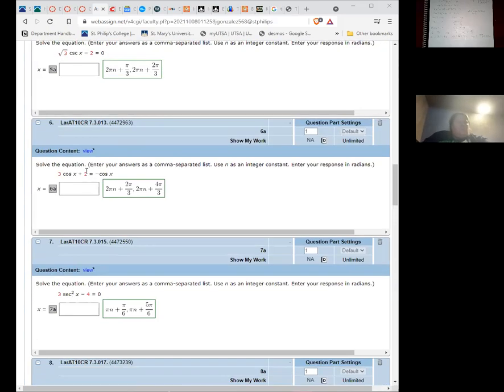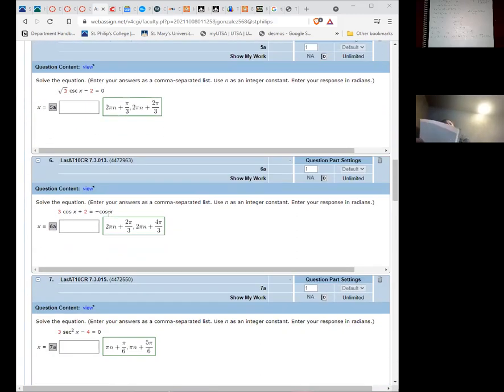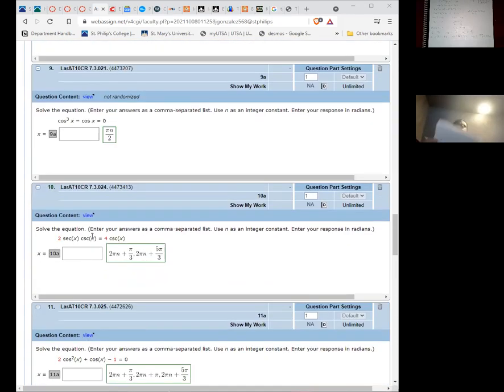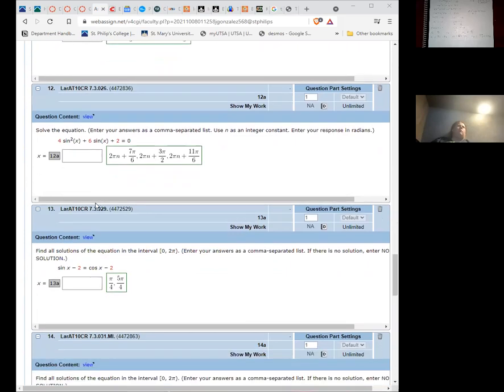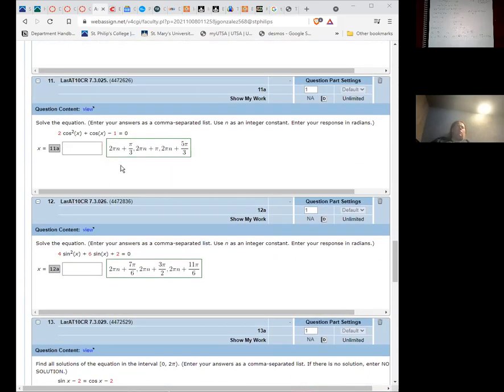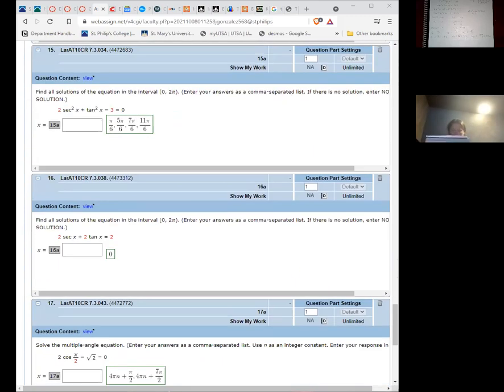The first one is you just isolate one function. See how there's just one of them? But slowly it gets more complicated where you have to do factoring or maybe an identity from last chapter. Anyway, are there any questions on this problem?